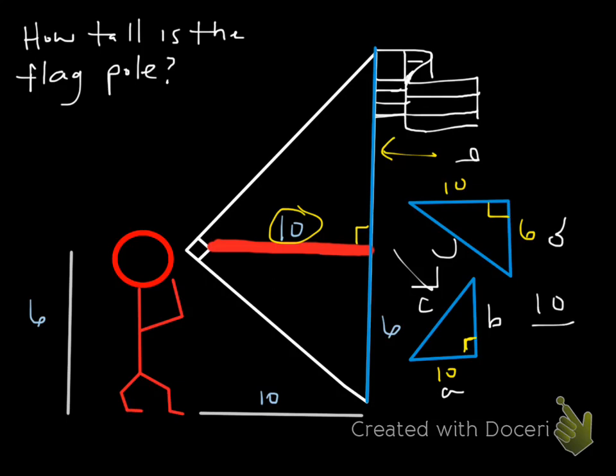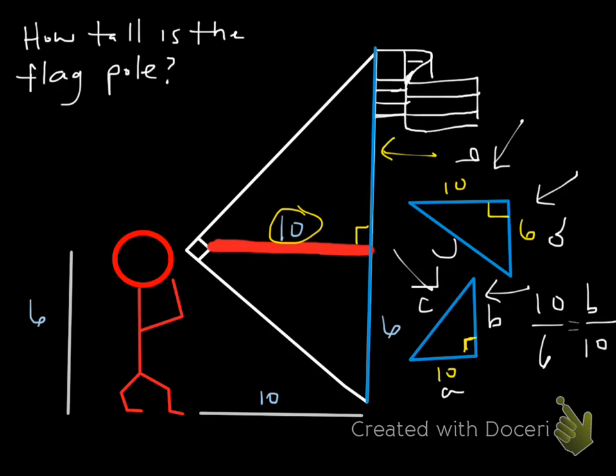So I can put it over the A value in this triangle here, which is 6. I can set it equal to the B value here, which we don't know. And that's what we're really looking for, is that B value. And the B value over here happens to be 10.